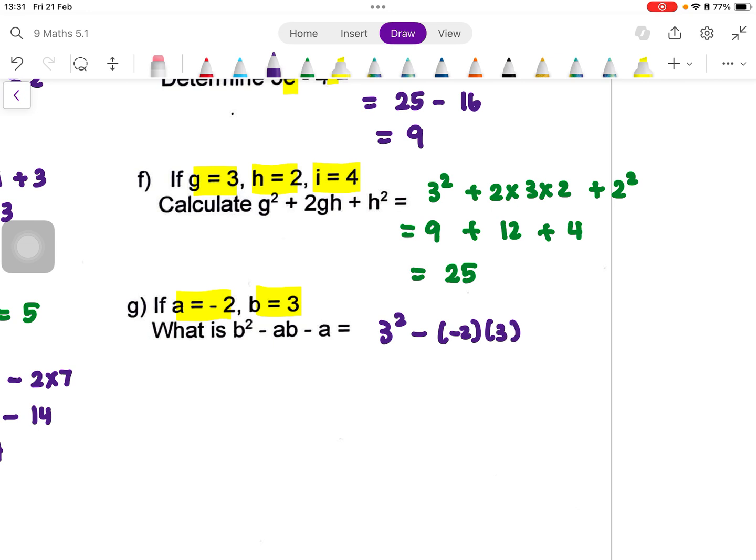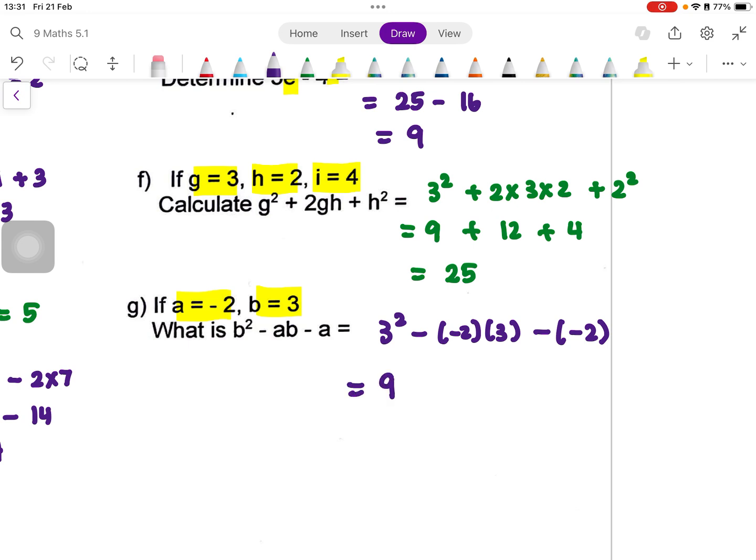So I deliberately put them in brackets so you can see that they are multiplication. And then minus a means a itself is negative 2, so I'm going to put the negative 2. Usually, I just put negative numbers inside the brackets, okay, so that I can clearly see there is a negative number present.